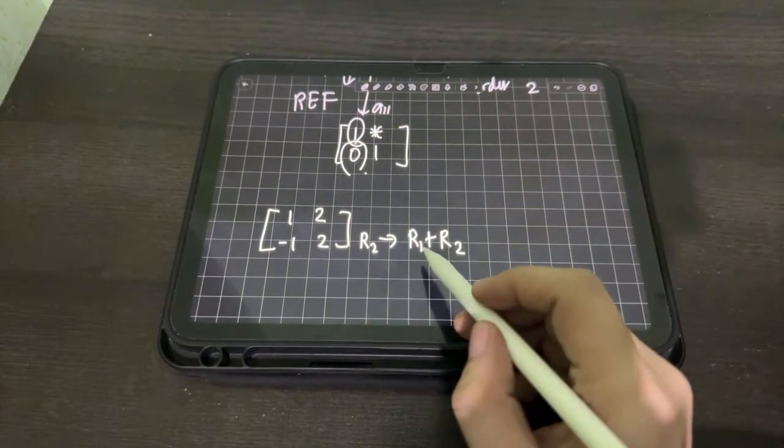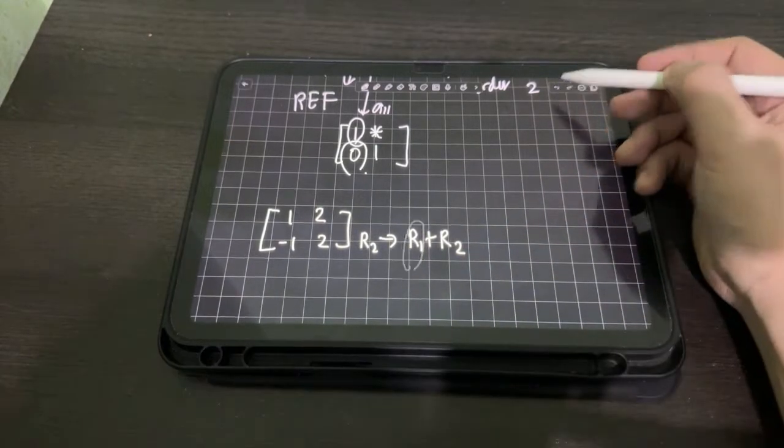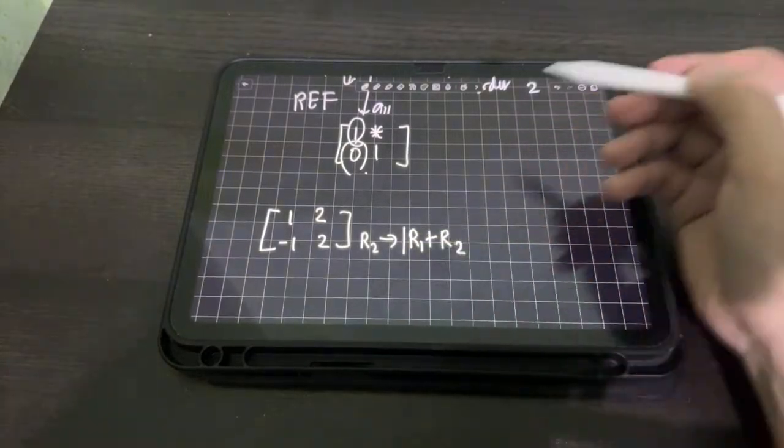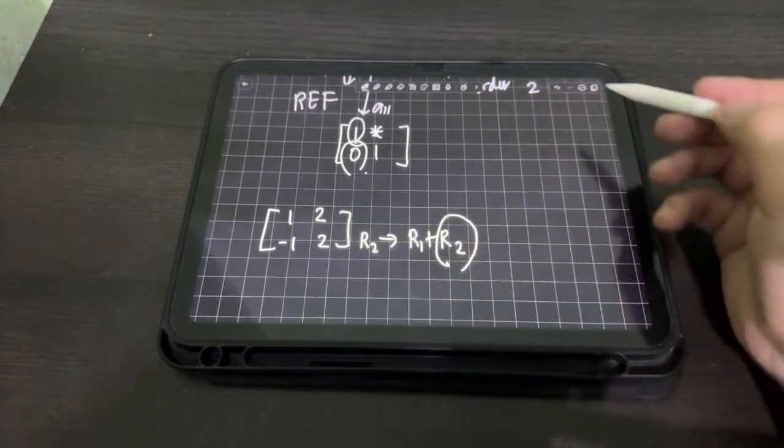We add a multiple of row 1, which is itself, 1. Then add it with the row 2.